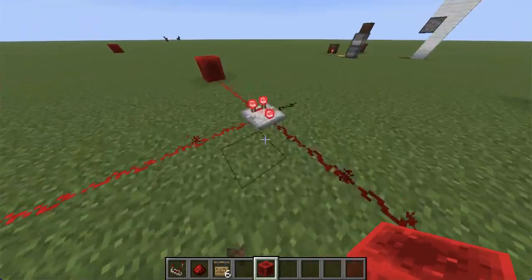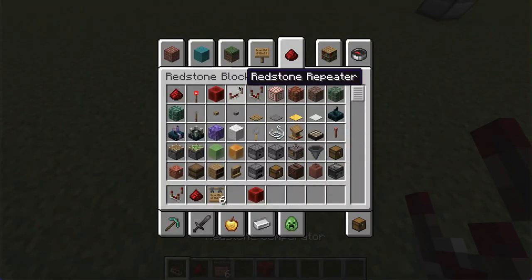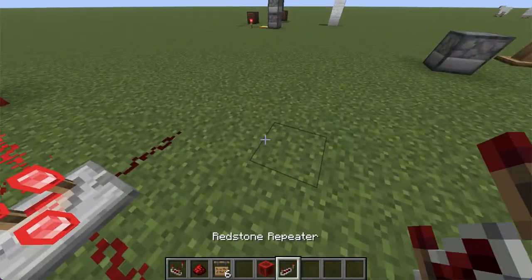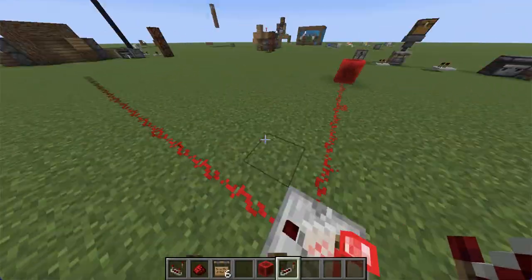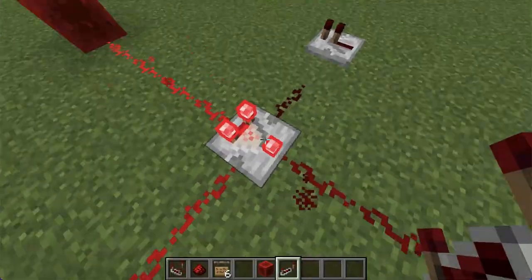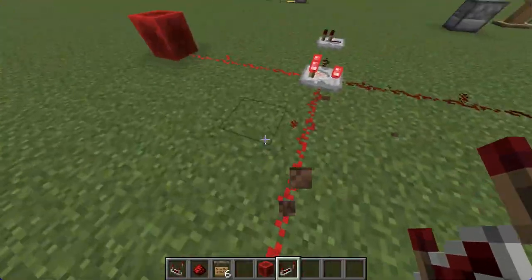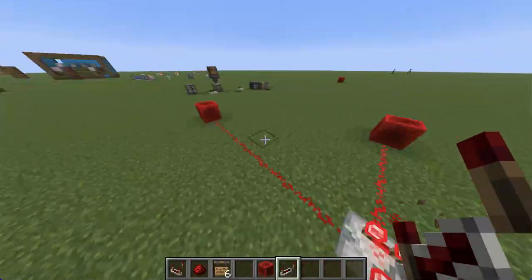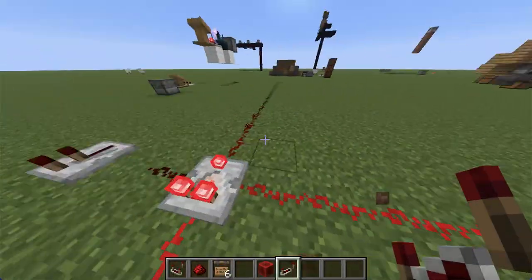Very, very cool. Now, the reason why this is different to a repeater. So both of these carry the signal forward. One carries a weaker signal or comparative. Now, this is the primary input. This is saying what is 11 minus 4, or is 11 greater than 4 in compare mode.